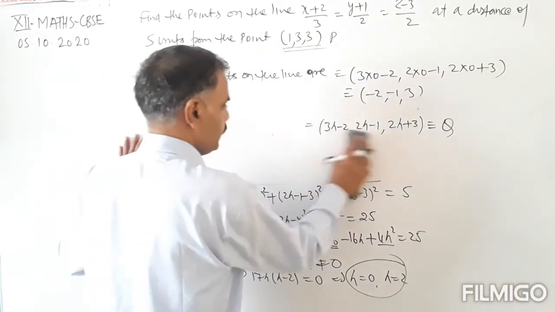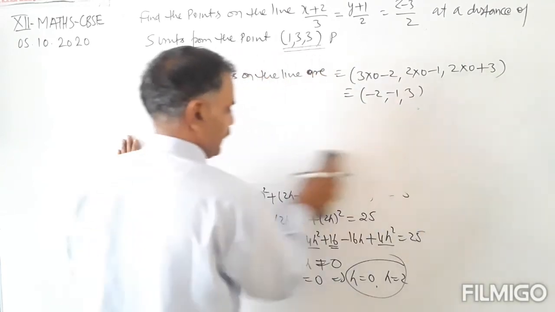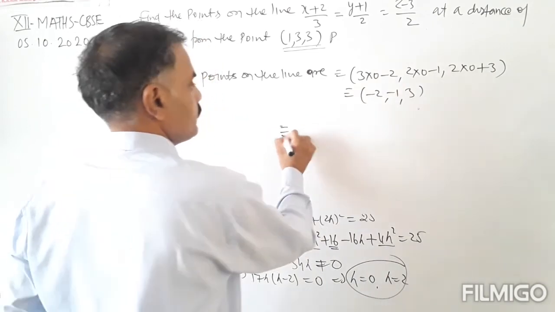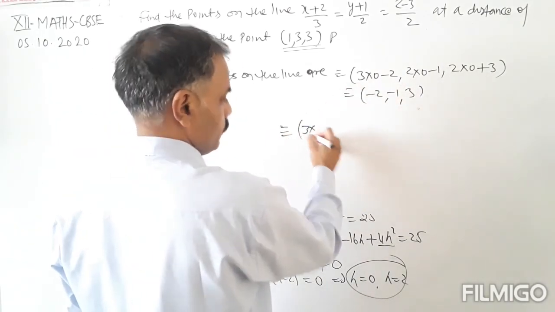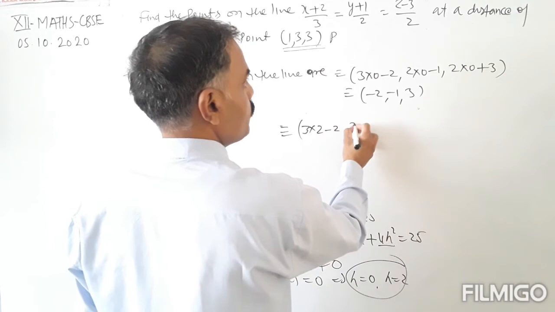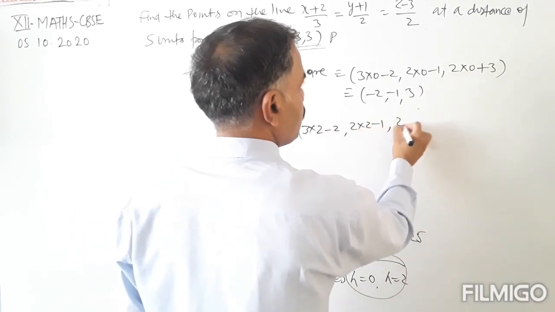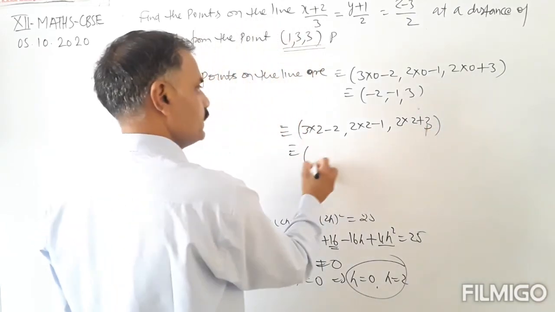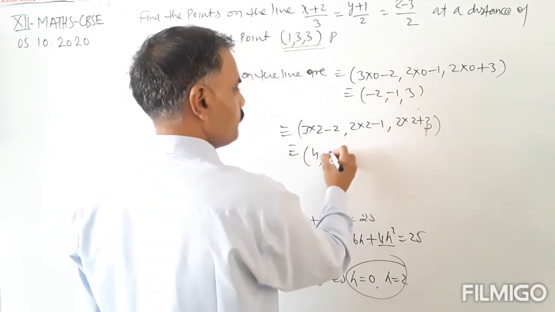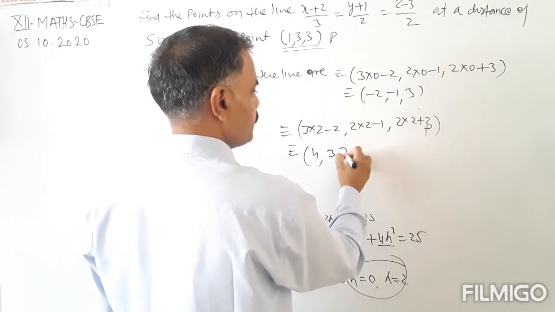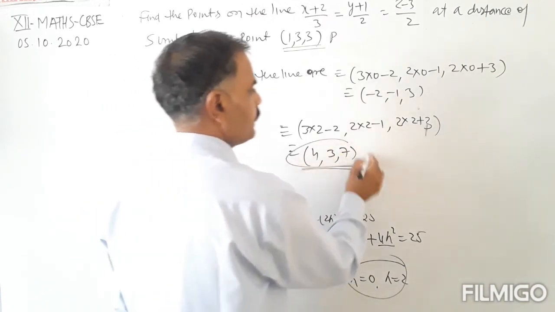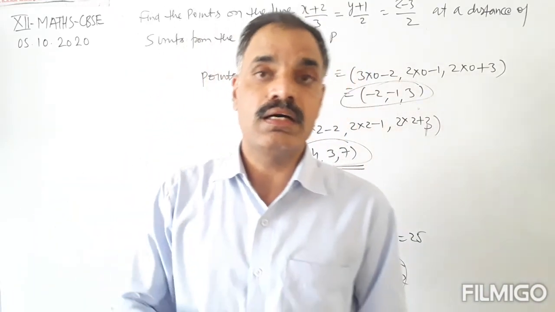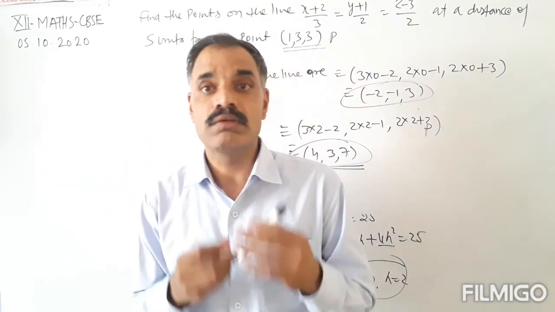And the second point is 3 into 2 minus 2, 2 into 2 minus 1 and 2 into 2 plus 3, so 6 minus 2 is 4, 4 minus 1 is 3, 4 plus 3 is 7. So the point is (4, 3, 7). We are having two points which are at a distance of 5 units from the given point.